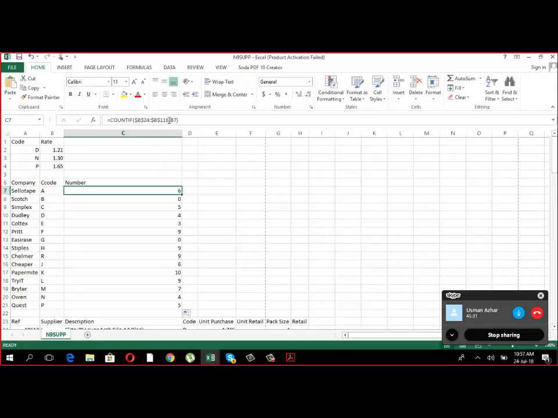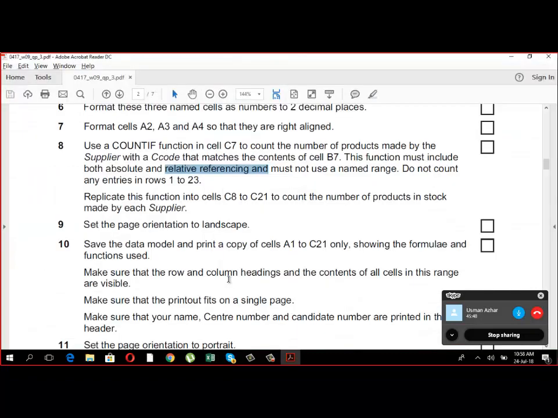This function has absolute and relative. So it has both. Is it clear? Sure? No. Now see. Sorry, should I write absolute before B7?